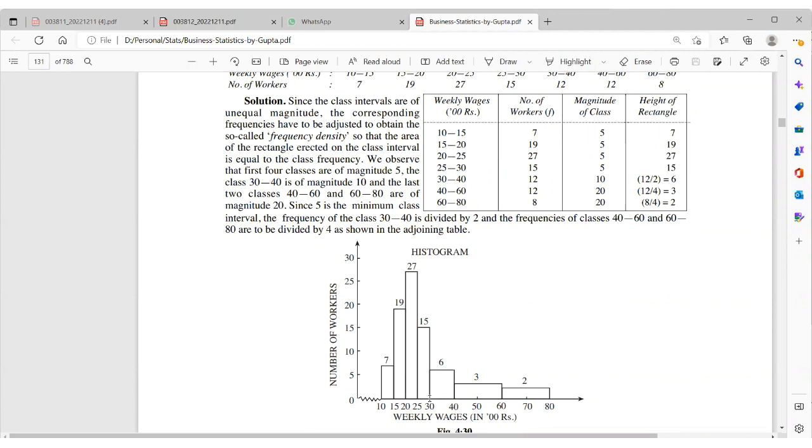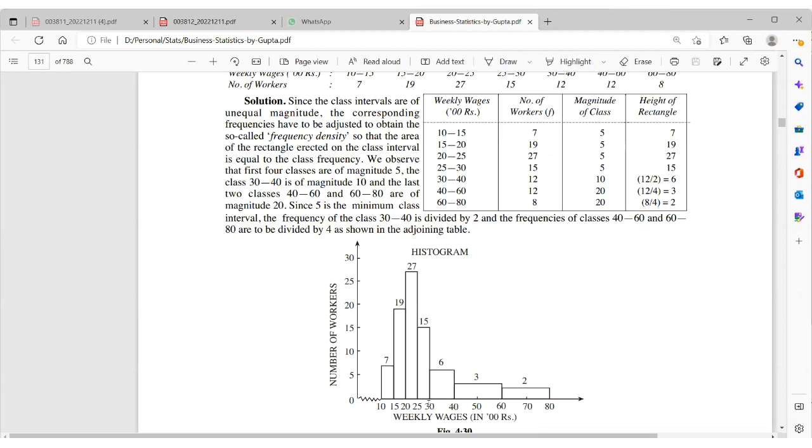Now come to 30 to 40. In the given question, the interval is 30 to 40, but we have adjusted into groups of 5. Because we don't need 35 here, no need to write it. If you write it, it's no issue, but don't put the line over here.